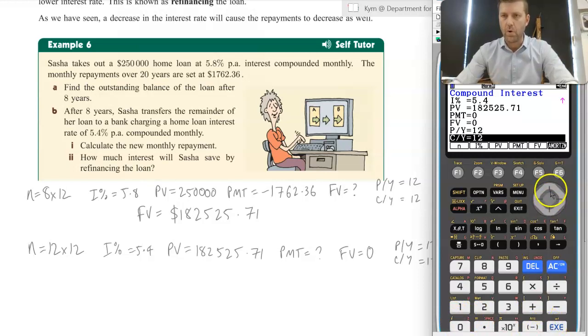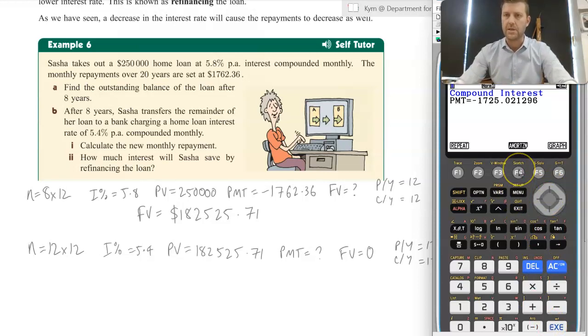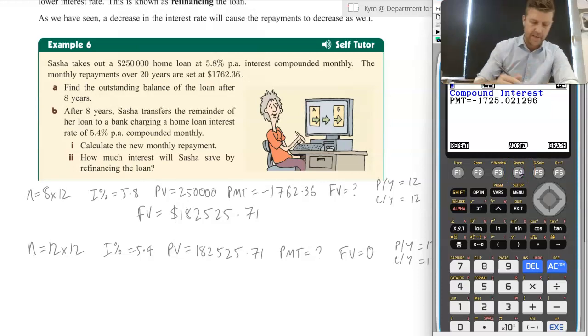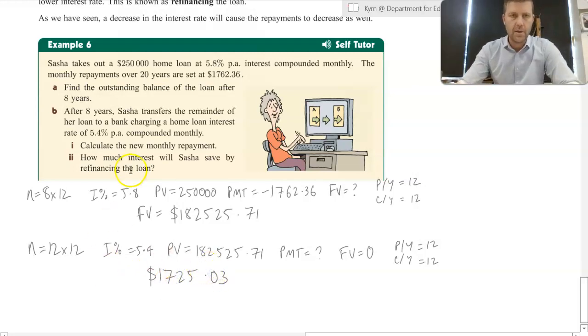Based on all that, what is my minimum monthly repayment? It's going to be $1,725.03. So you need to pay $1,725.03 per month to pay it off within that 20 years total, or that remaining 12 years after the initial 8 years that he's already been paying it off for.